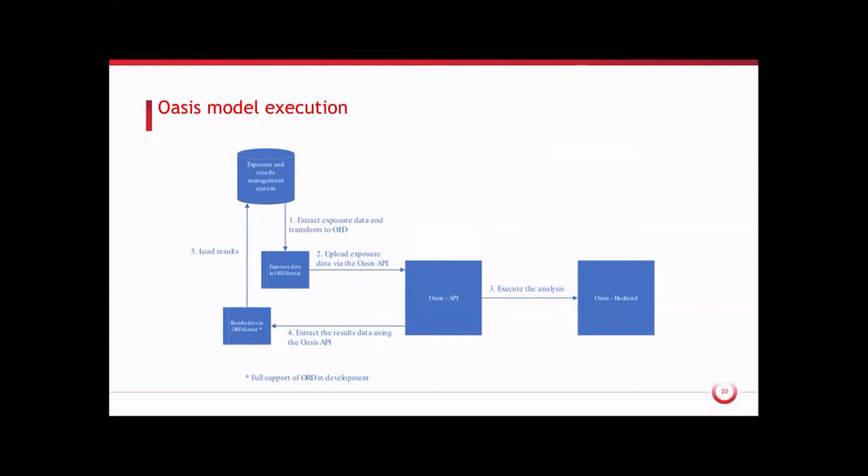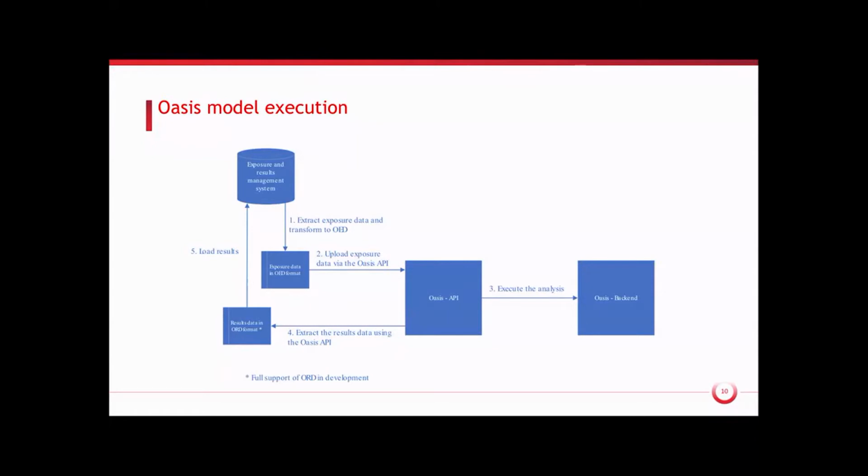Oasis is not intended to be a full end-to-end data platform, but it's very much designed to interoperate with the existing systems. So the first step is to extract exposure data and transform it into the OED format, the open exposure data format. And once you've done that extraction, you then upload it via the Oasis API into the platform ready for analysis.